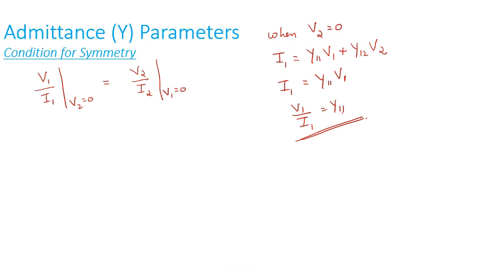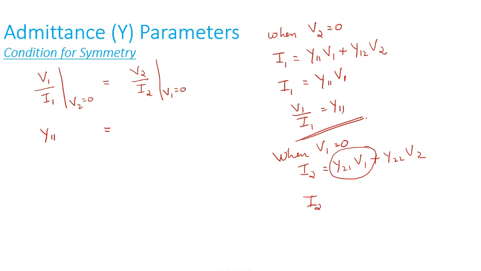This should be equal to, consider the second case when V1 is 0. Let's consider the equation I2 equal to Y21 V1 plus Y22 V2. When V1 is 0, this term will be 0.